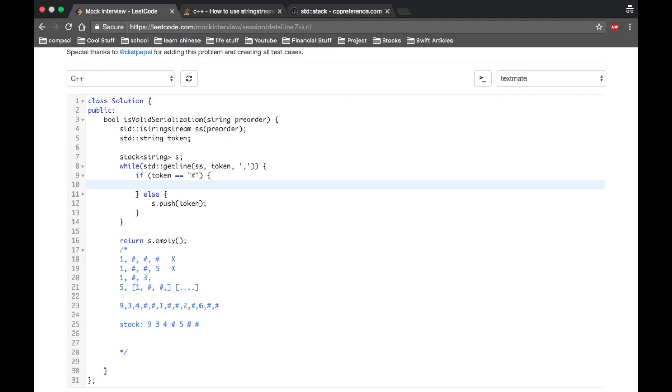If you have 2 hash signs and you have 2 hash signs, you get rid of them and you get rid of the number above, that might be a right node, which also gets rid of the number above that and gets rid of the number above that, and so on. So how do you know whether you're on the left side or the right side?